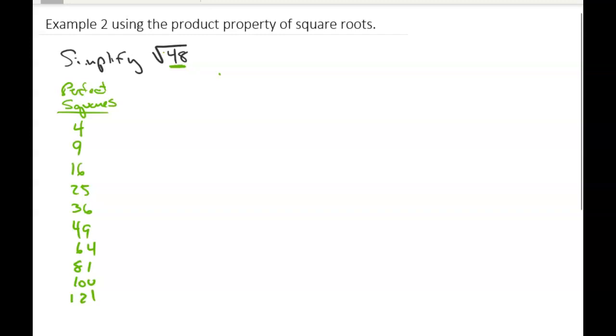So the next thing I do is I take my number that is under the radical, in this case 48, and I just quickly make factor pairs for it. And I can use my calculator to help me make those. 1 times 48, and then I will always see if 2 works, and if it does, I'll write the factor pair with 2, in this case 2 times 24.